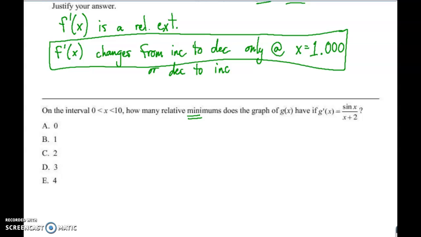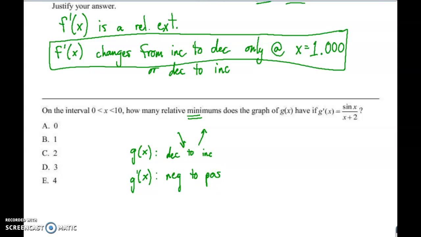And if it helps, think about how a minimum needs to go from decreasing to increasing. You can even write that out, decreasing to increasing, which means for the derivative of g that the derivative needs to go from negative to positive.